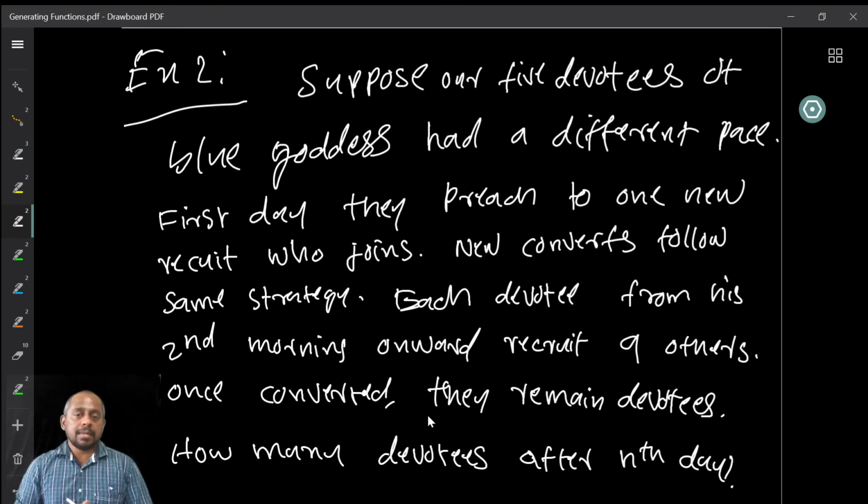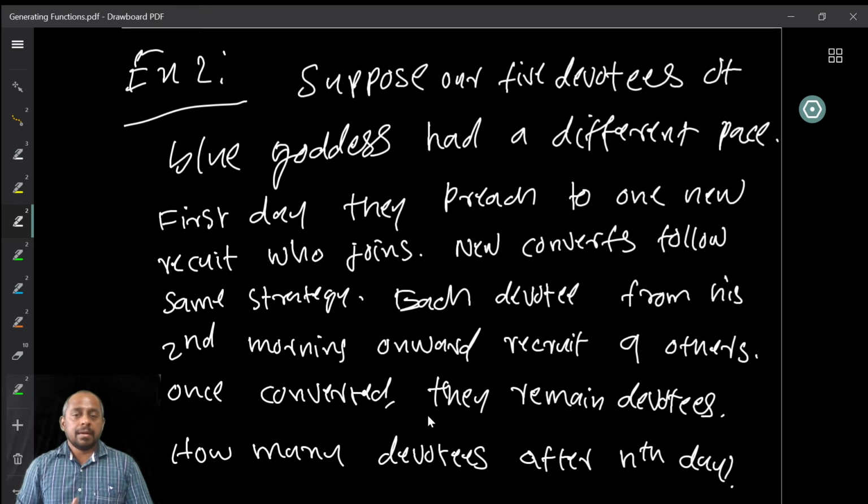So what they do is that they preach to one new recruit, right, on the first day, who immediately joins. Okay. So the first day they are very relaxed. They will say, okay, this is the first day, let us not hurry. We just go to one person and then recruit him.